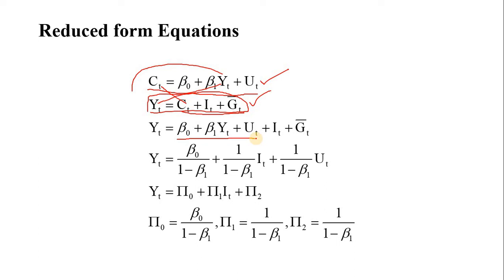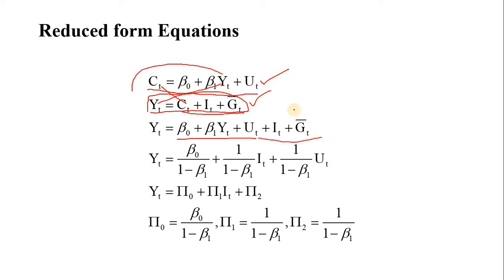What is the value of Ct? Beta 0 plus beta 1 Yt plus ut. Okay, plus It, Gt, the remaining variables. Here Ct is there. Instead of Ct I am substituting the equation of Ct. Remaining items are It and Gt, which I am writing here.